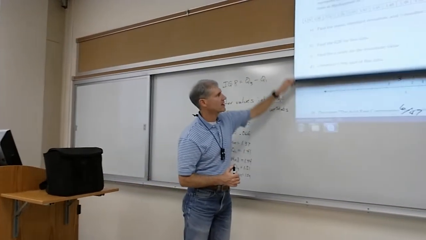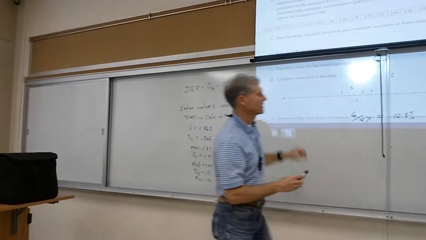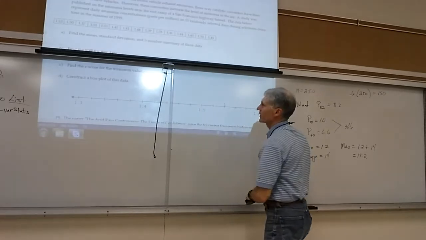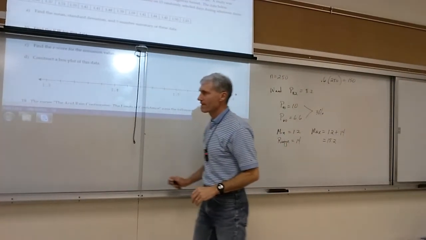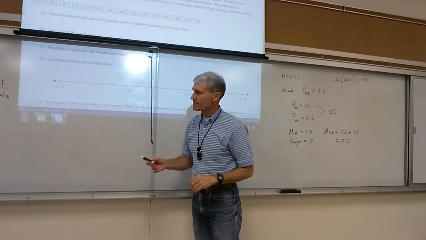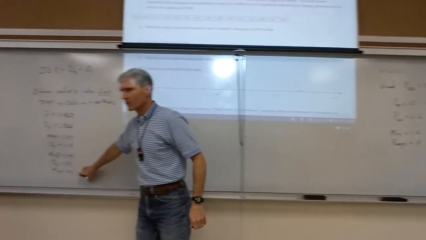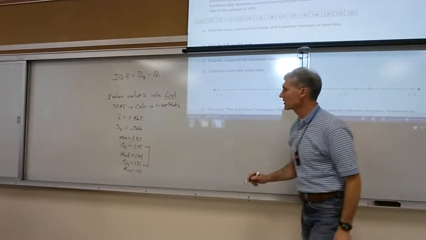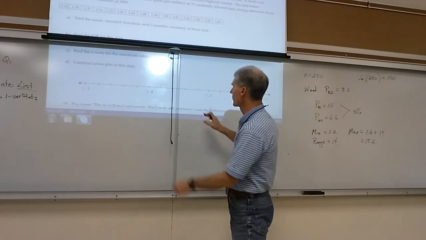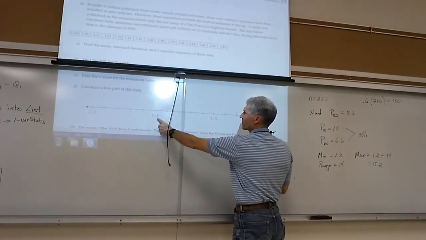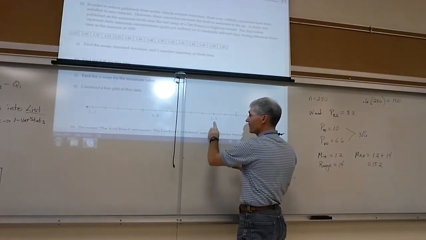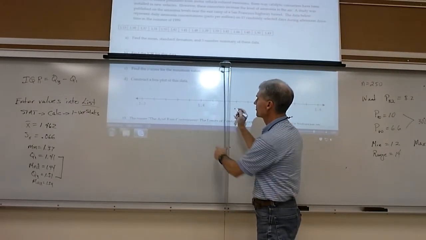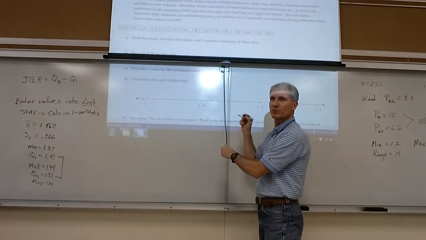Alright, let me put this up so I can draw right on here. To draw a box plot, where does the box go? Which of these numbers form the box? Q1 and Q3. So the box goes between those. So 1.41, this is 1.4, 1, 2, 3, 4, 5. And so each of these must be 0.02 between them.